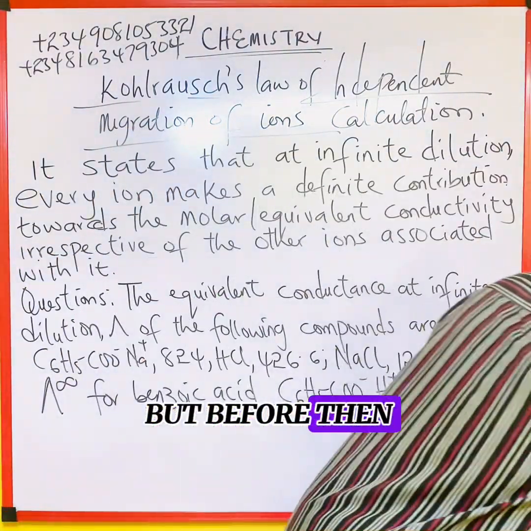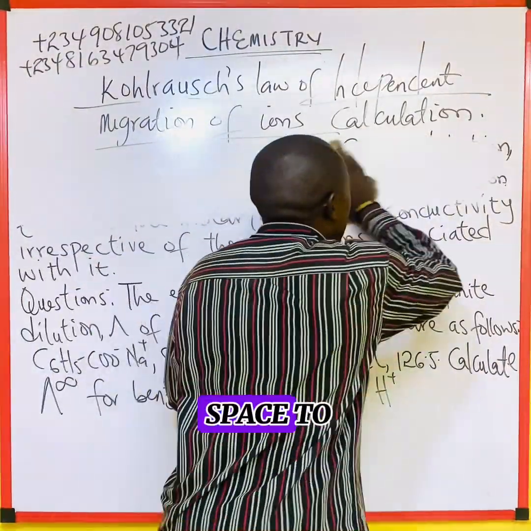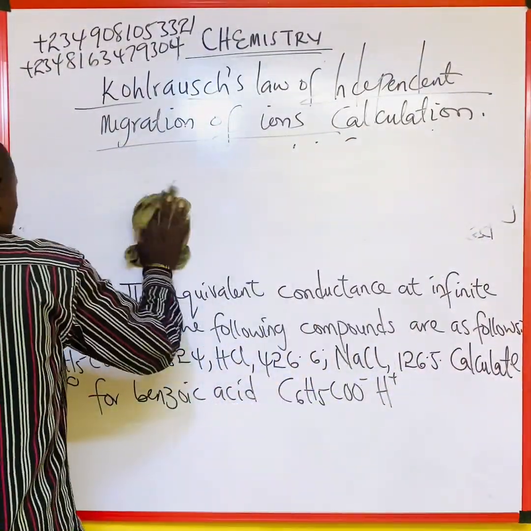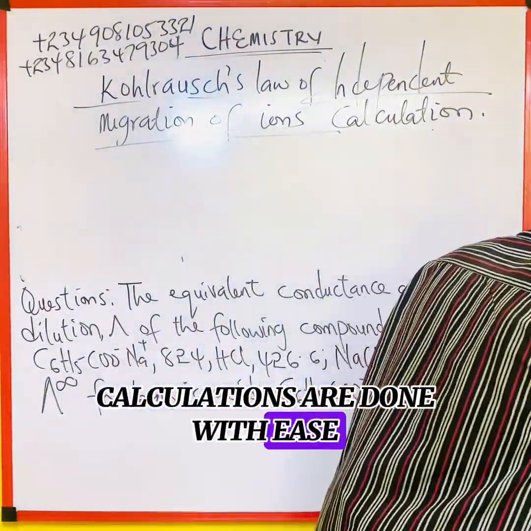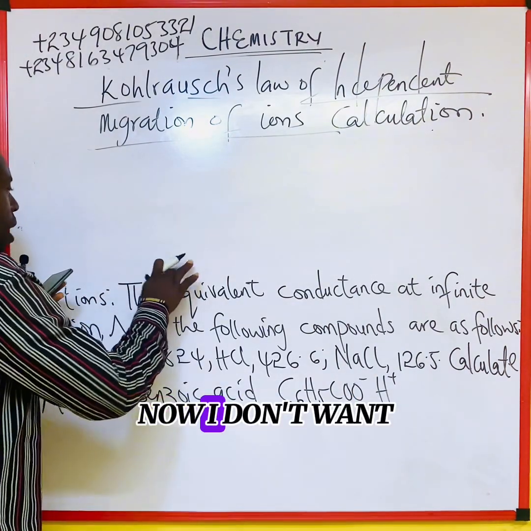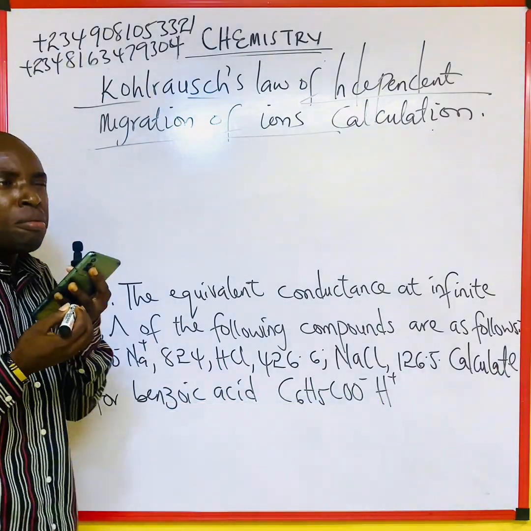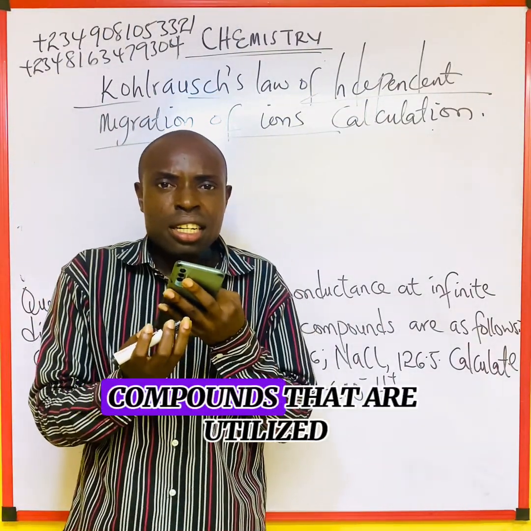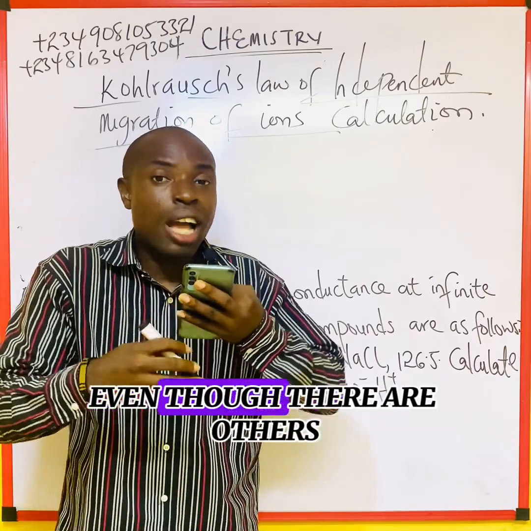But before then, let me erase the board to create more space to explain for you how the calculations are done with ease. Now look at it, it's simple. Basically there are two major compounds that are utilized under Kohlrausch Law, even though there are others.